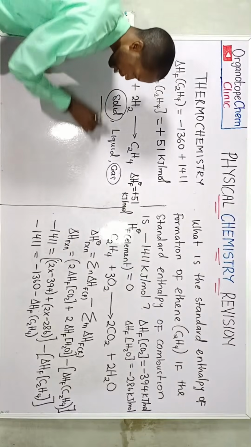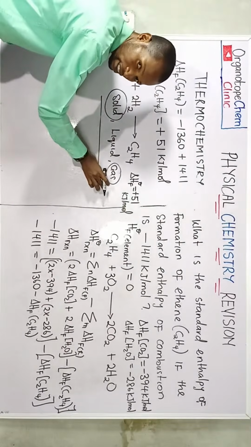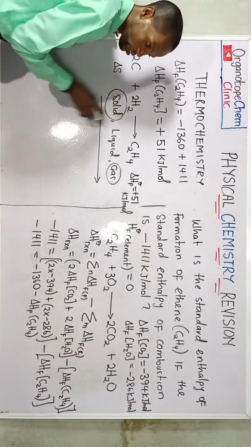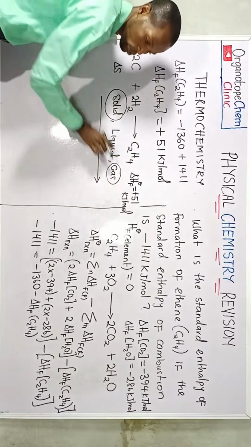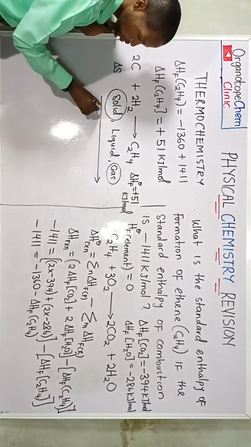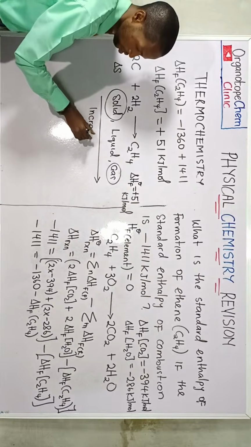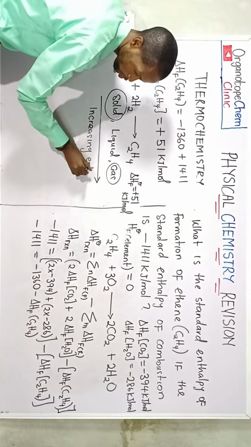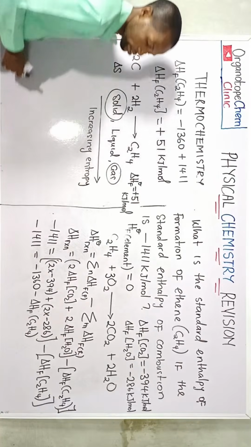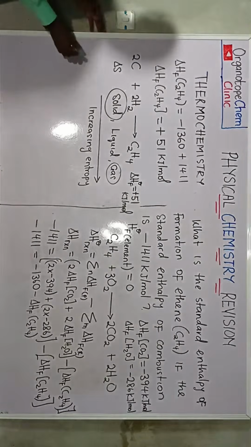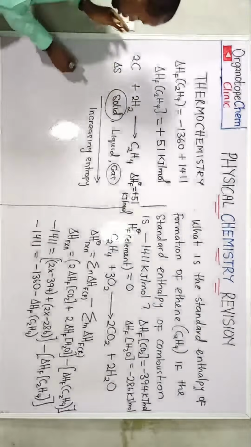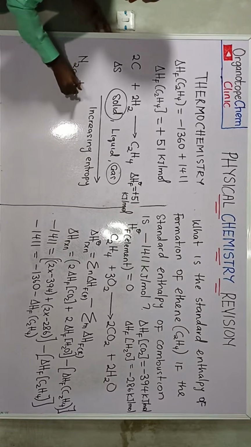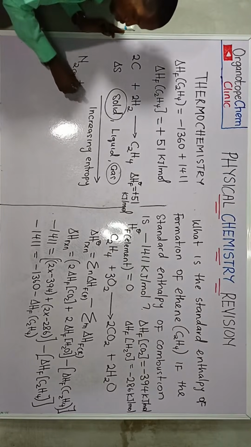If we move in this direction from solid to gas, that is an increase in entropy. So the degree of disorderliness increases from solid to gas. This is the increasing order of entropy. Okay?